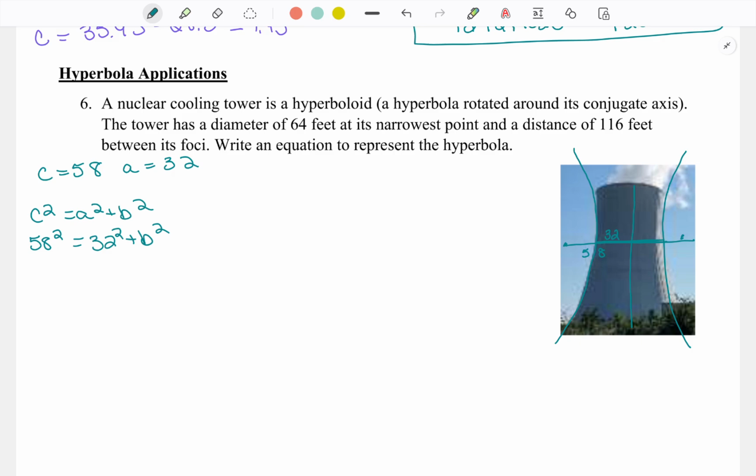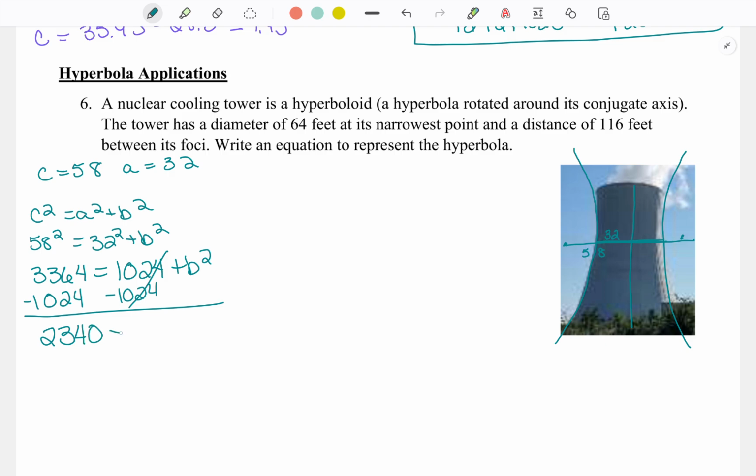So we have 58 squared as 3,364. And then 32 squared is 1,024. And so 3364 minus 1024, that gives us 2340 as b squared.